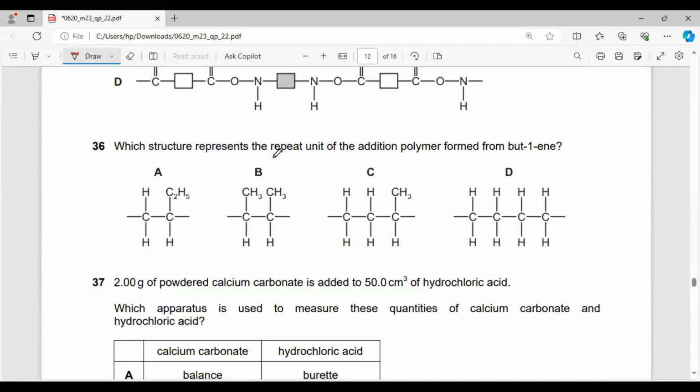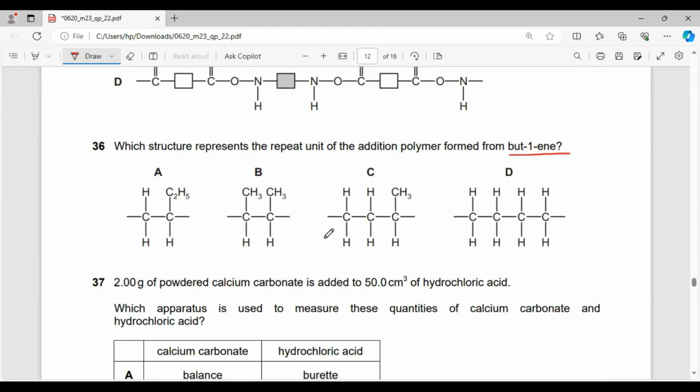Which structure represents the repeat unit of addition polymers formed from but-1-ene? Now, as they have mentioned here clearly, but-1-ene. But means it should have 4 carbon atoms. 1-ene, 1 represents the position of the double bond in butene.